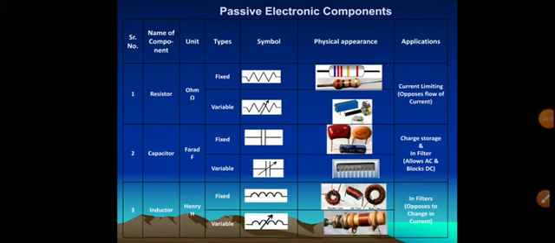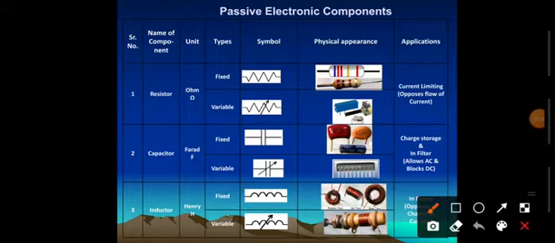Now what you are going to see in this slide, as I told you, there are basically three passive components: resistors, inductors, and capacitors. Why are they called passive?